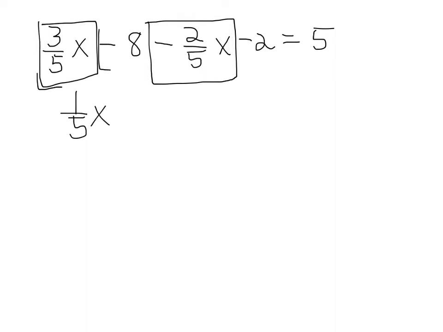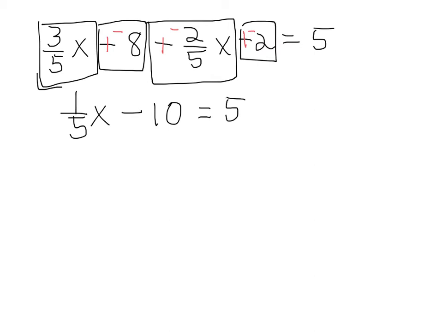Now, I'm also going to combine my constants, or my plain old numbers. -8 and -2 gives me -10. If you are in the camp that still finds it easier to add the opposite, you're welcome to do that. Eventually, it's probably easier and more streamlined to get past that. But you do what you need to do to become accurate.